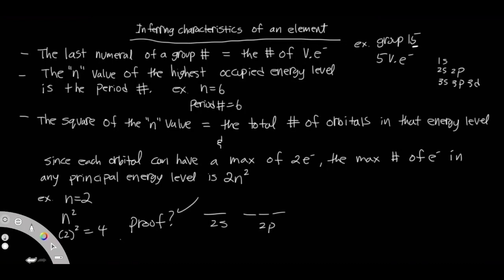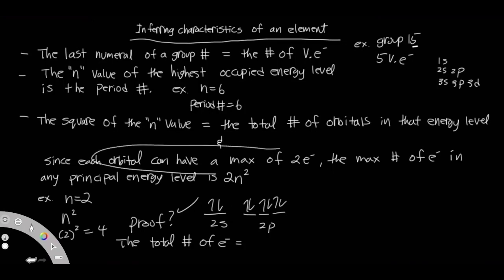Now let's look at the total number of electrons. What would that be? Well, you know that each one can have a maximum of 2 electrons, as written here. Pauli exclusion principle.